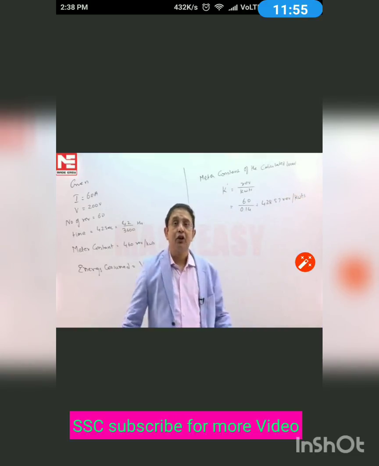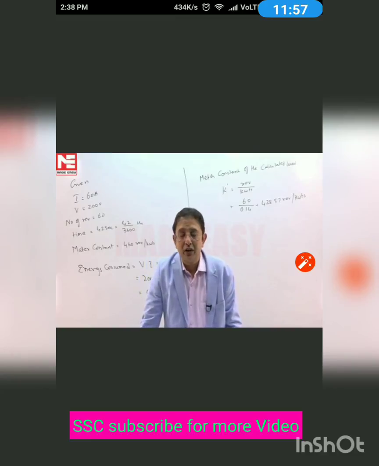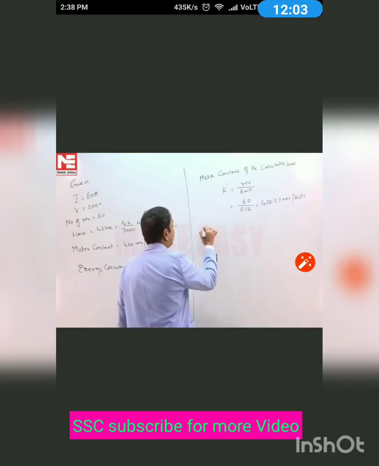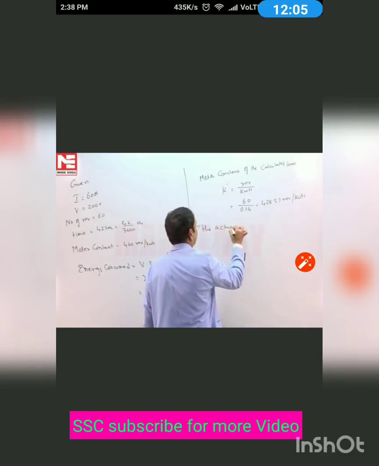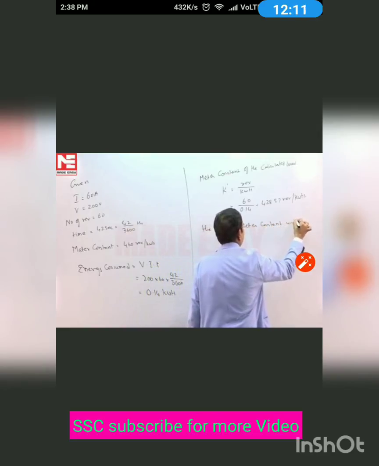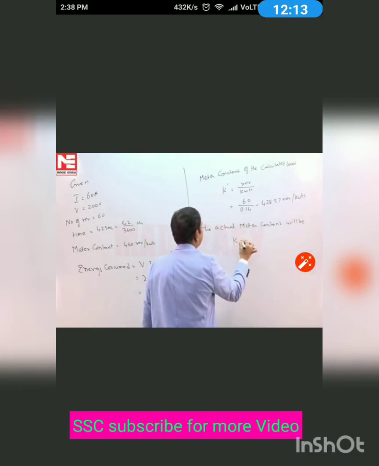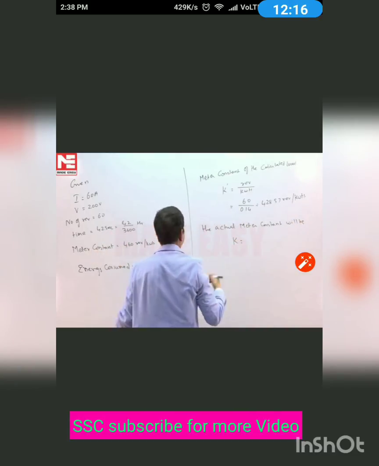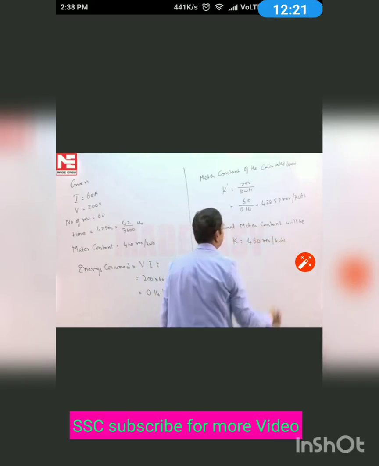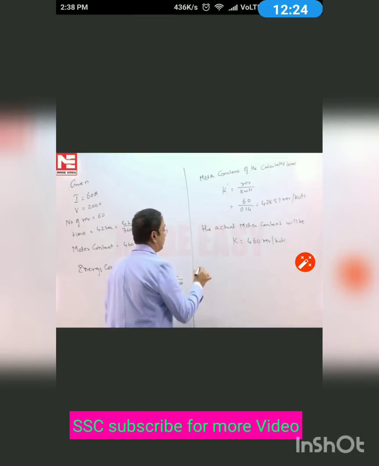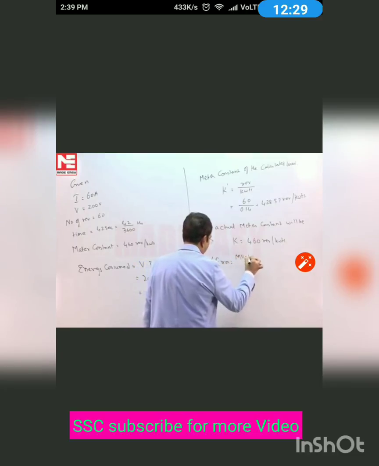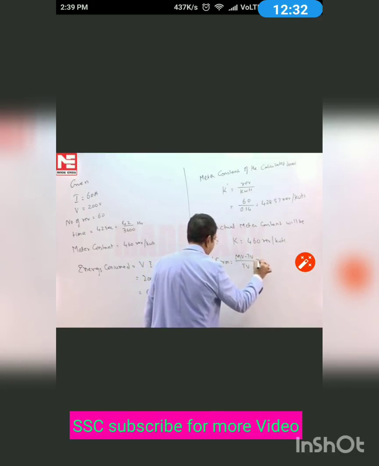But what is the actual meter constant of the energy meter given as? The actual meter constant K has already been given as 460 revolutions per kilowatt hour. So the percentage error is going to be equal to measured value minus true value divided by the true value into 100.